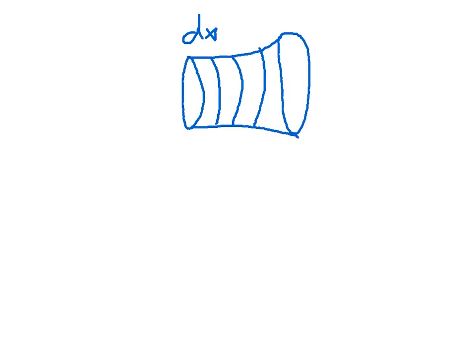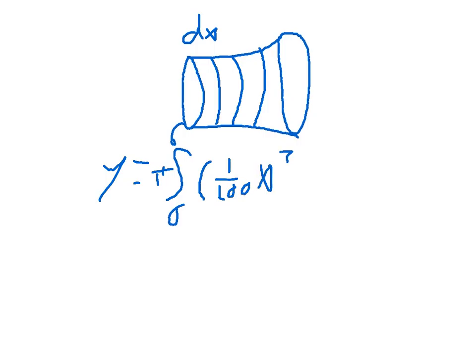So when we're taking the interval between them, we're going to be taking them from 0 to 6 of pi. The radius will be the actual function that we're using, which was 1/100 x cubed plus 3. And then we're going to square that.